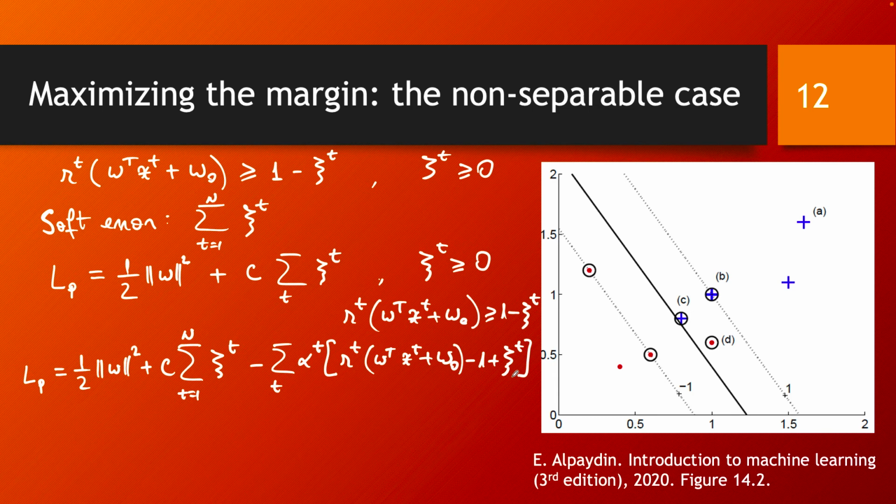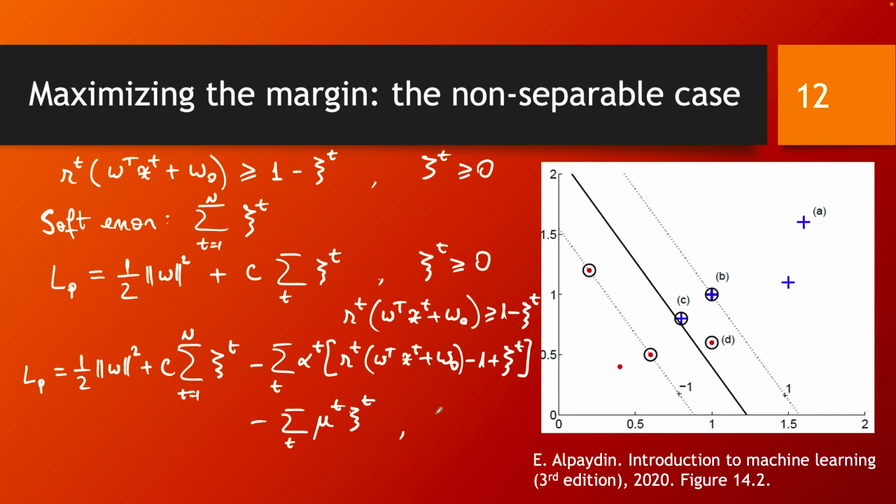And then the other term I'm writing takes care of these constraints, and for them I'm introducing new Lagrange multipliers in the form of these coefficients mu t, and they will be multiplied with xi t. And so it's the same as before, except that now we have two constraints, and so we have two sets of Lagrange multipliers. But the concept remains the same, that we are adding them to the optimization function.